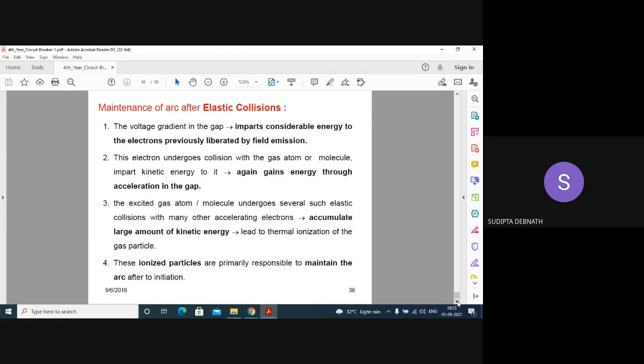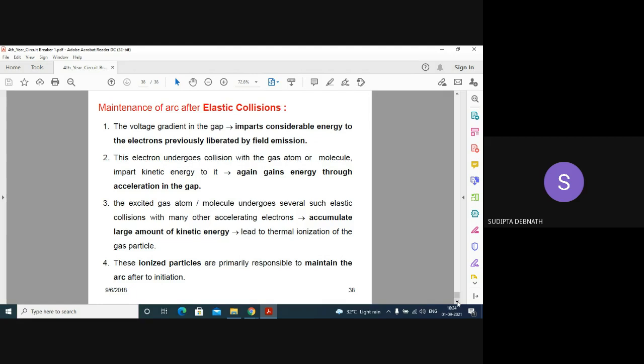The excited atom or molecule undergoes several such elastic collisions with many other accelerating electrons. They accumulate a large amount of kinetic energy, leading to thermal ionization of the gas particles. Okay, so gas particles means in the medium; in an air circuit breaker you have air, in an SF6 circuit breaker you have SF6.